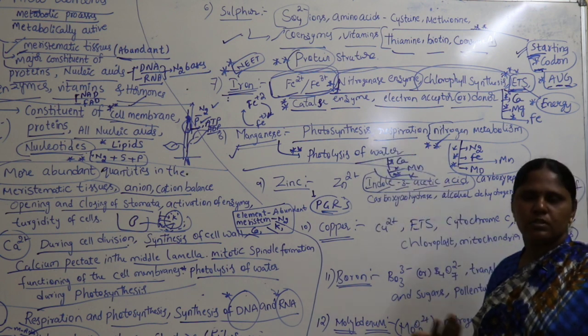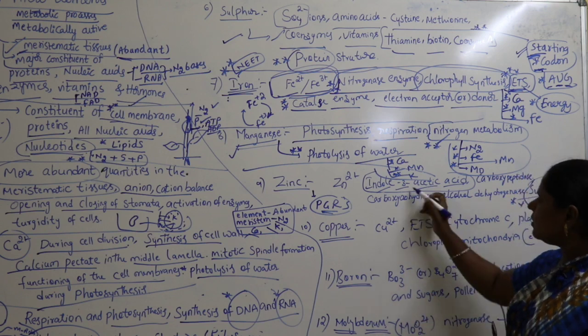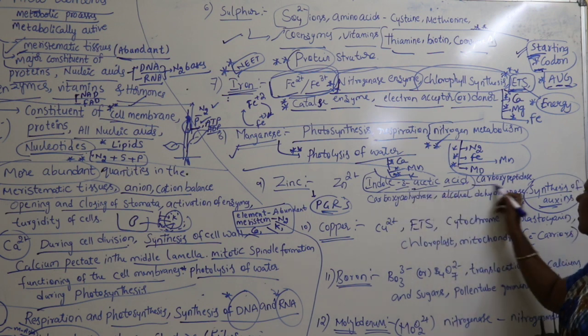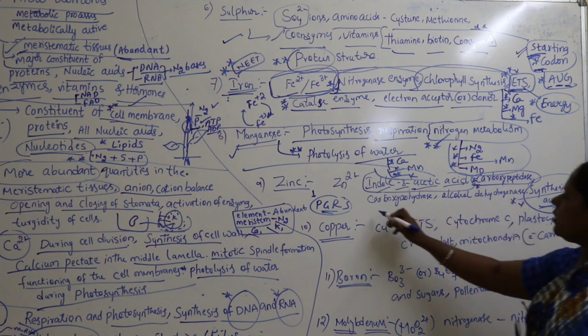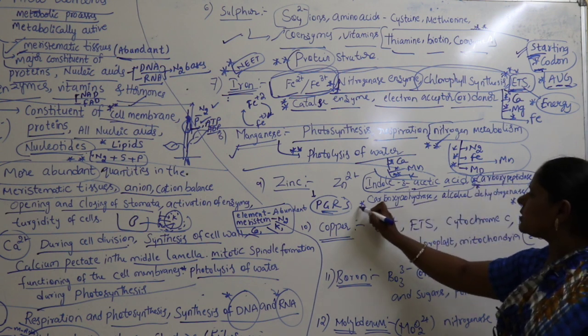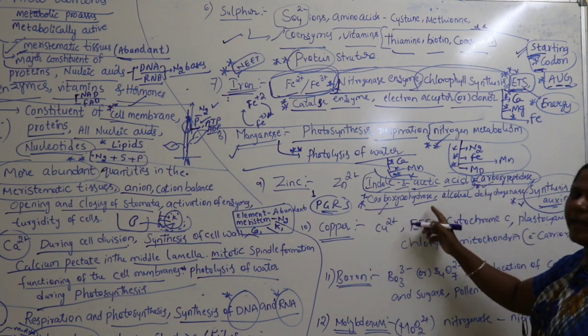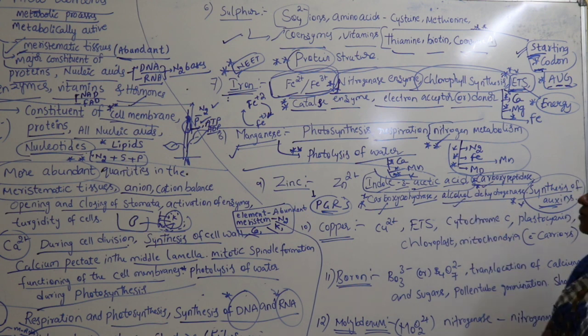We will get back to this, all are interconnected with the different chapters. Here the type of auxin is indole 3-acetic acid, and zinc also plays an important role in carboxypeptidase and carbonic anhydrase, and also activates alcohol dehydrogenase.